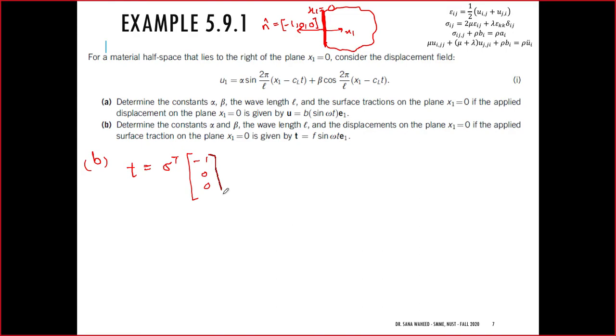So as we had done before, we see that the traction vector actually turns out to be just minus sigma 1, 1, 0, 0.